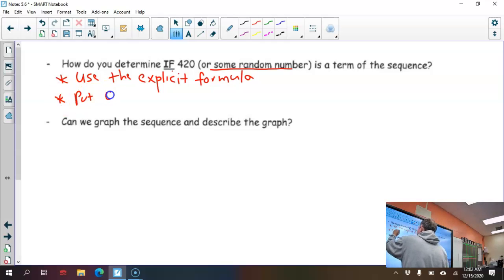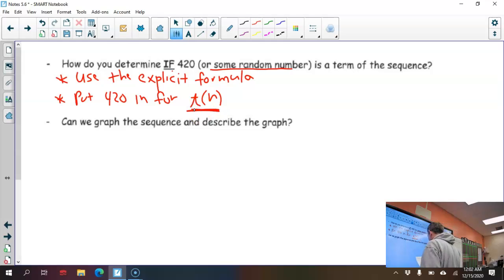Put 420 in for T of n, right? It doesn't go in for n, it goes in for the whole thing, T of n. And solve for n.